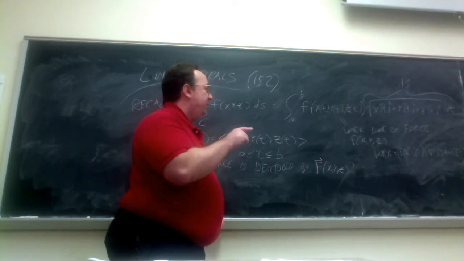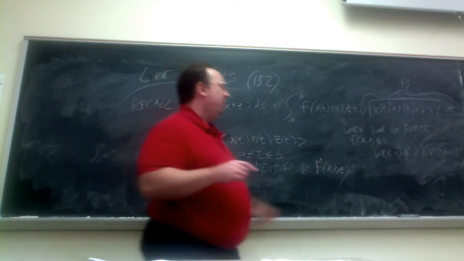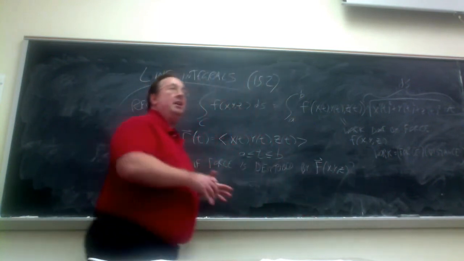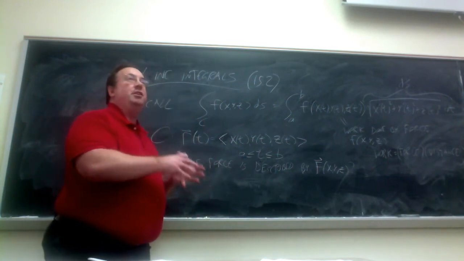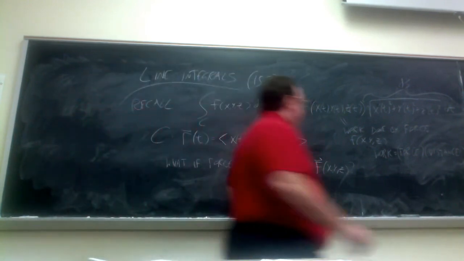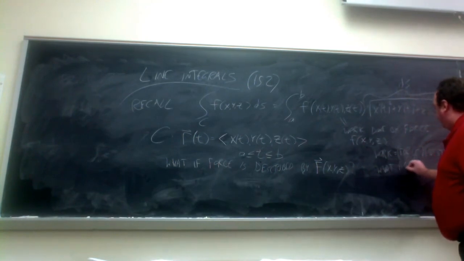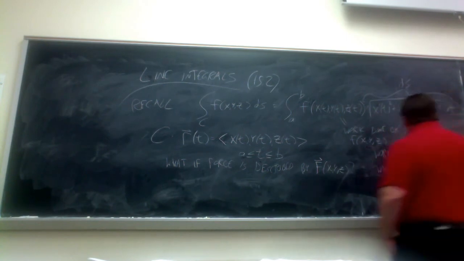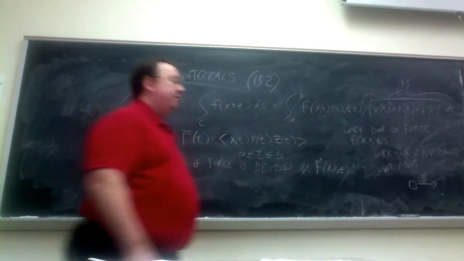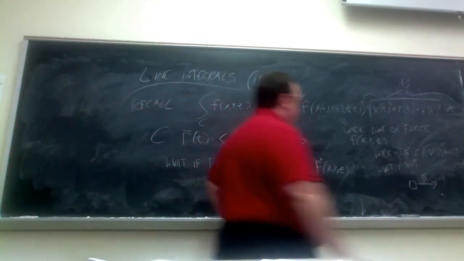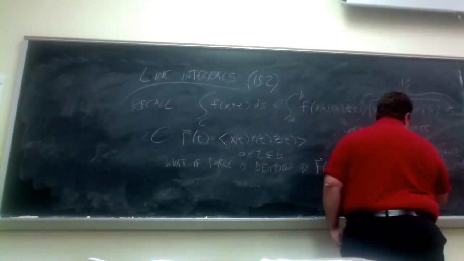Now, that formula assumes that force is actually the amount of force that's being applied in the direction in which the object is moving. Which does not cover this case. So here's your object, it's going to be moving in this direction, and I'll call the direction of travel d, d for displacement. But the force is actually being applied not in the direction of d, but in this direction.